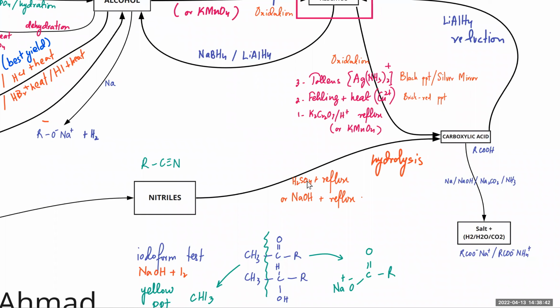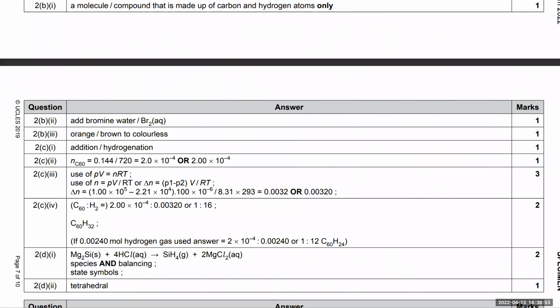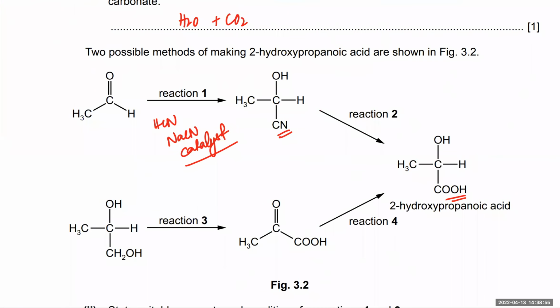It could be any dilute acid or dilute alkali. We're going to use the dilute acid because alkali के अंदर issue ये कि it will end up forming a salt of the carboxylic acid. तो ये वाला जो है, that's dilute H2SO4 or HCl plus reflux. The CN turns into carboxylic acid.